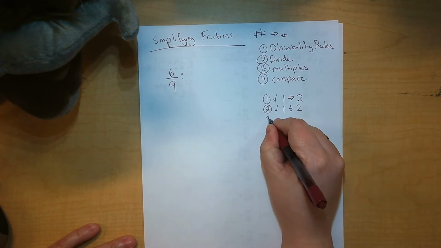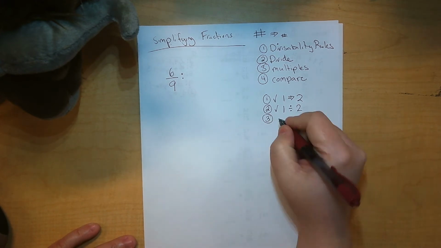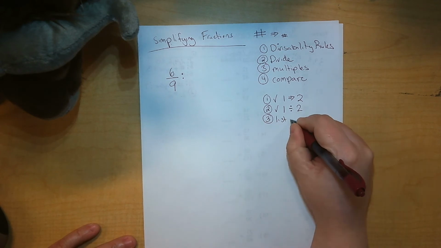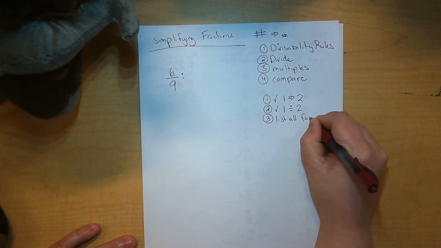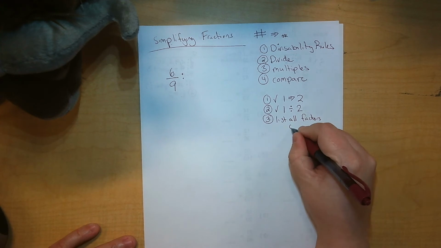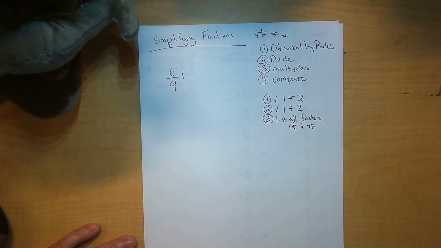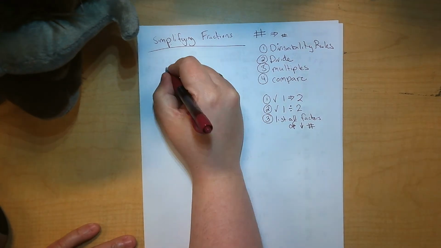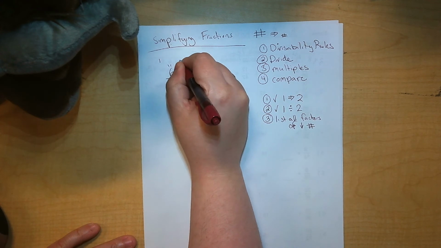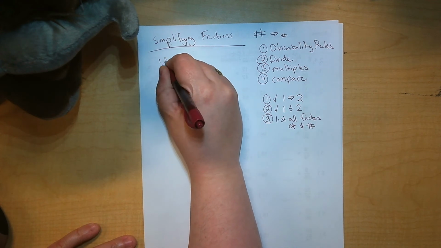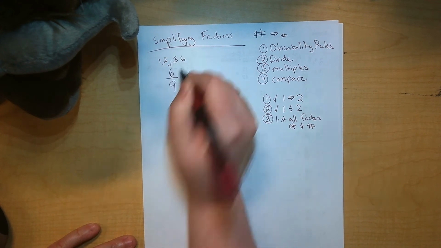So for step 3, we are going to list all factors of the smaller number. In this case, our smaller number is 6. So our factors of 6 are 1, 6, 2, and 3.